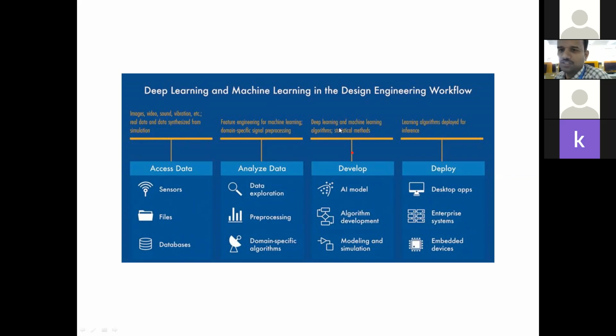Deep learning and machine learning algorithms generally use some statistical methods also, and we develop AI models, algorithm development, modeling, and simulation. In the deploy case, we go for learning algorithms deployed by inference. So we'll be using a lot of desktop apps, enterprise systems, and embedded devices.